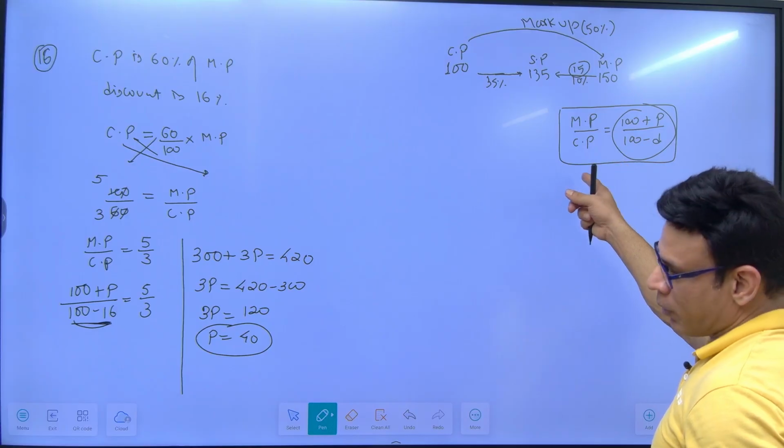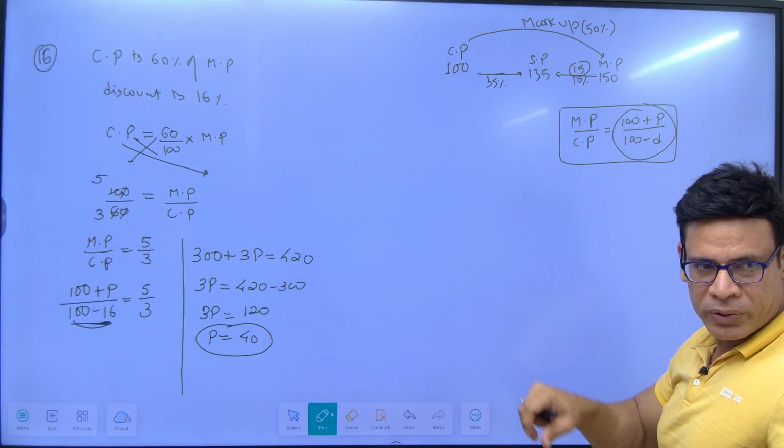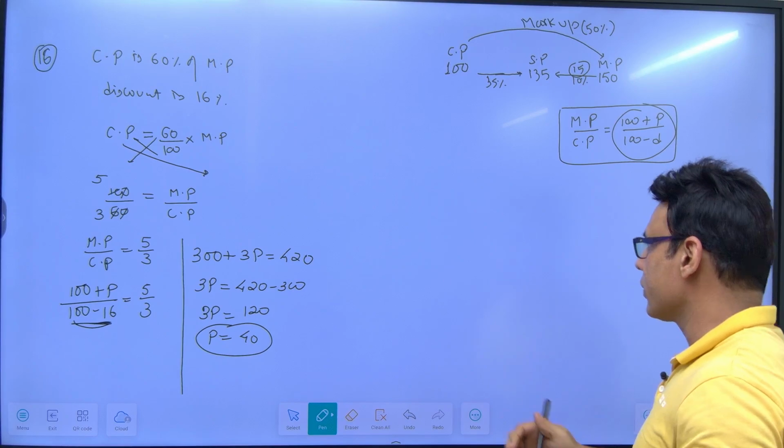That means I can use this formula if things are given. Remember I told you, 3, 4 things are given, you can find out the rest.